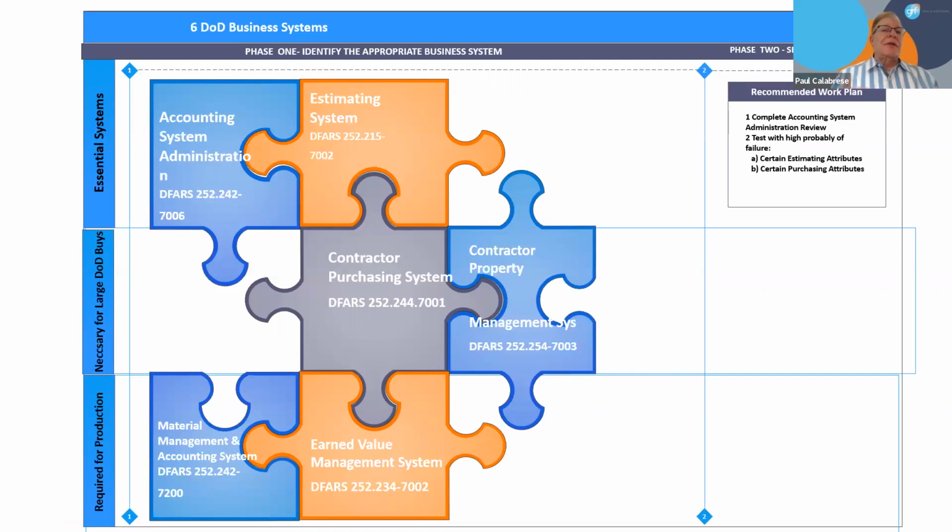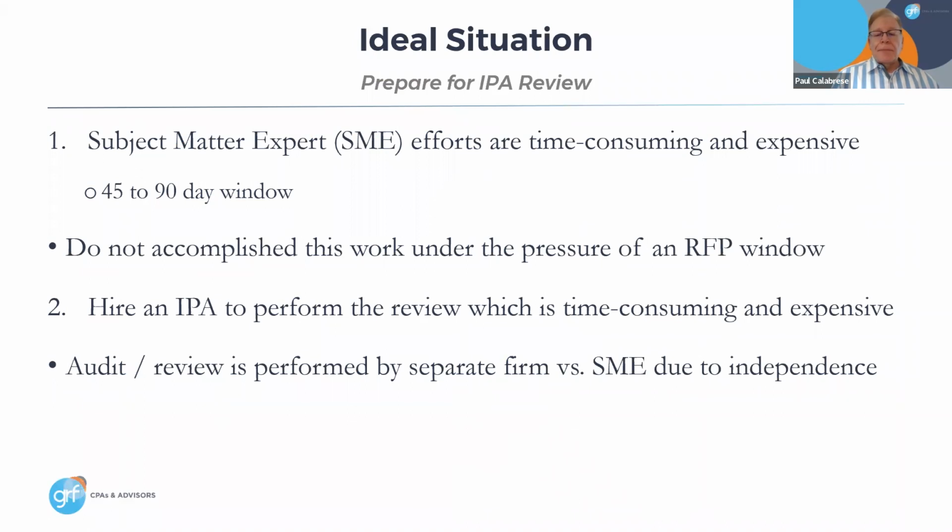But now I would start to discuss with them as I begin the gap analysis. I might be finding that their estimating or purchasing system, they may have robust systems, but the real question I'm trying to figure out as a consultant is, would they fail? Because if so, there are certain things we need to do to help them.